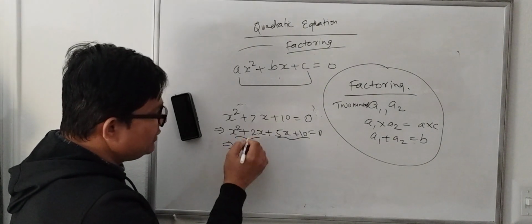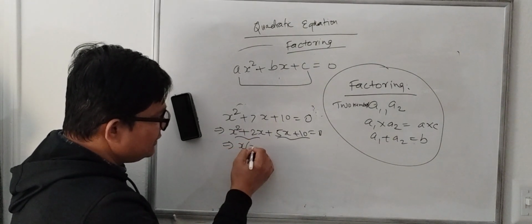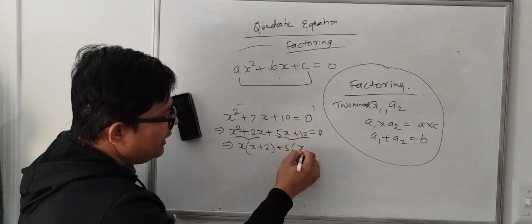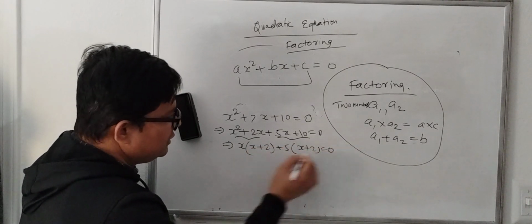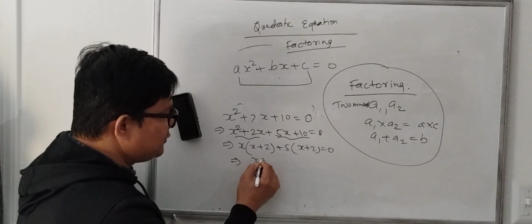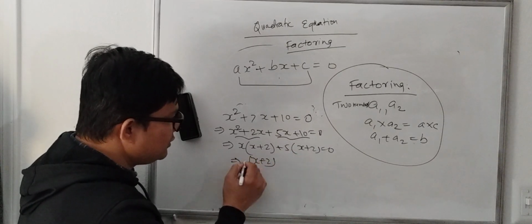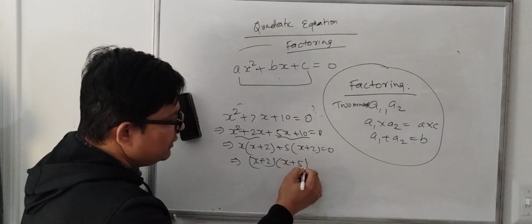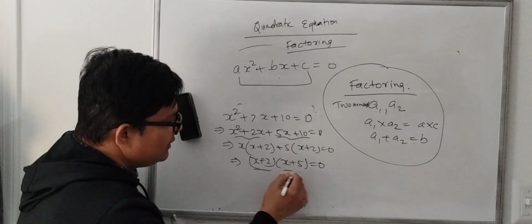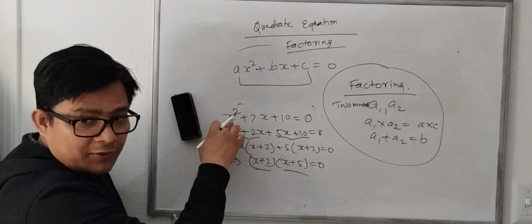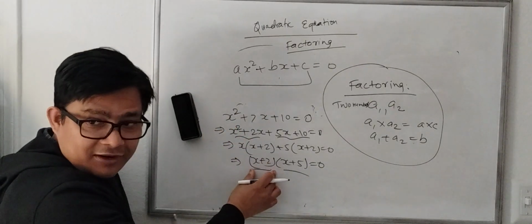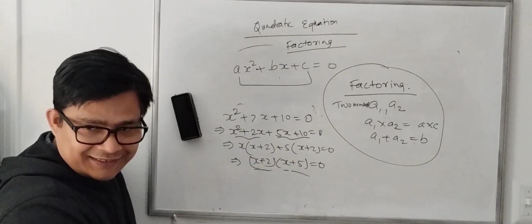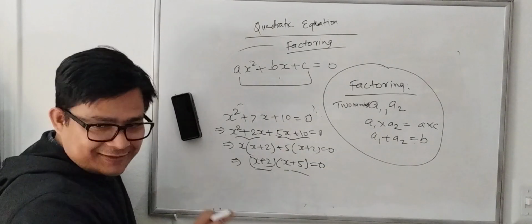So x common in these two, so it has x now, this has 2 now, here 5, this is x plus 2 is equal to 0, and then x plus 2 is common in both the terms, and what is remaining here? x, and what is remaining here? 5. So 0. See, I factored this quadratic into the product of two linear expressions. Yes, that's why it's called factoring.